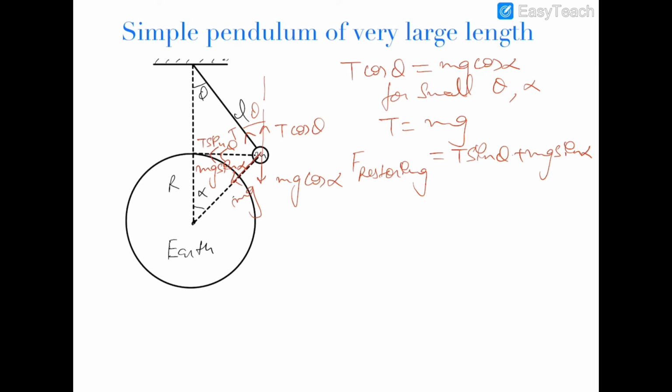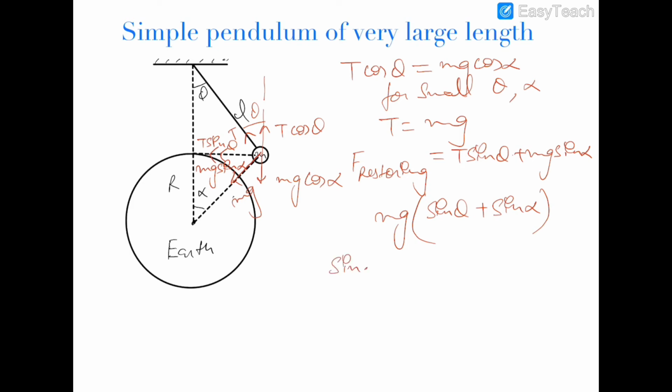Now T and mg are equal, so T is equal to mg, and taking mg common, it is sin theta plus sin alpha. Now if angles are small, sin theta and tan theta are also equal.